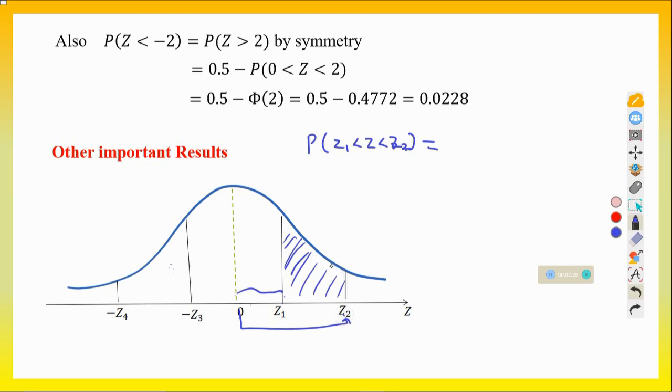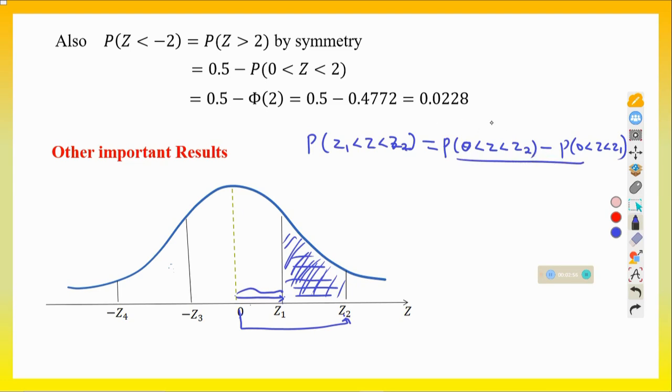So what will be this probability here? This probability is the same as from 0 to z2 minus from 0 to z1. That is the same as the probability of 0 less than z less than z2 minus the probability of 0 less than z less than z1. So I can easily get this probability by doing this.